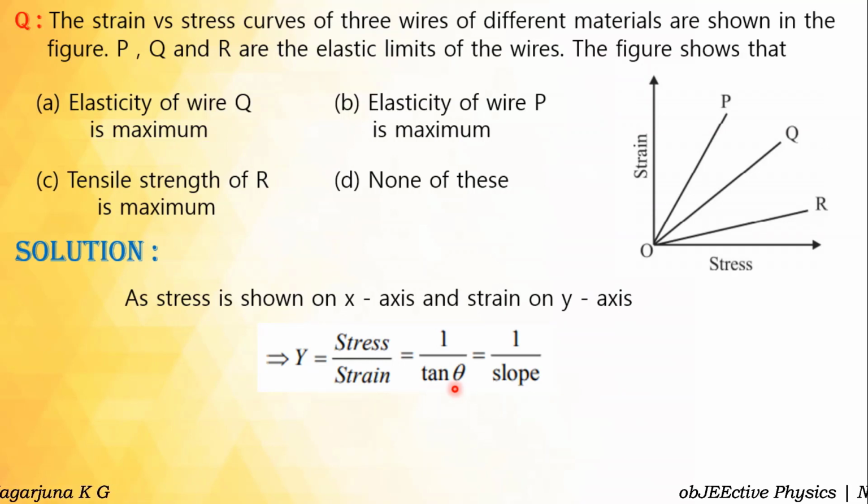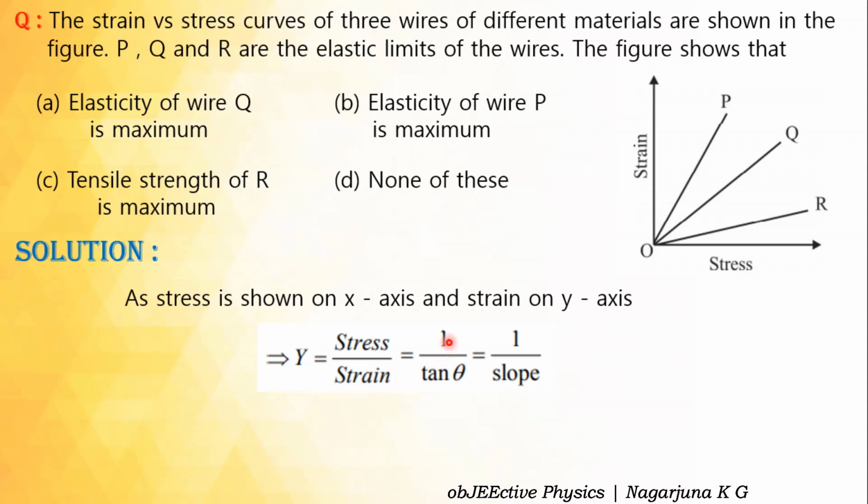So as per the given graph, tan theta is equal to y coordinate divided by x coordinate, that is strain divided by stress. Tan theta is equal to strain divided by stress, but here y is equal to stress by strain as per the definition. Therefore, y can be written as 1 divided by tan theta, that is equal to 1 divided by slope.